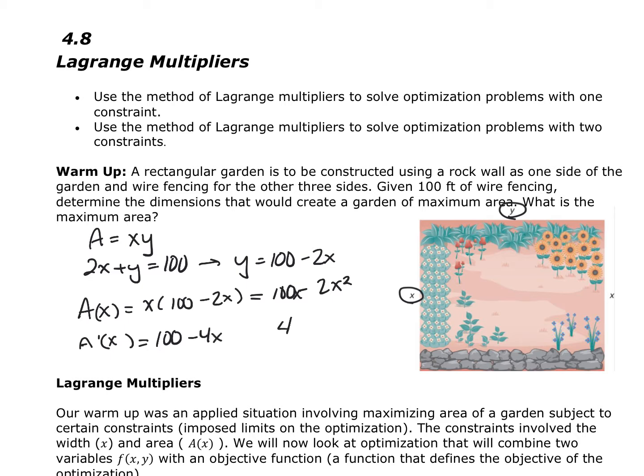We would have set that equal to 0 and solved, and so we would have got x is equal to 25. If x is equal to 25, y would have been 50. And the maximum area A of x would have given us a max area of 1250 feet squared. And then here are our dimensions.